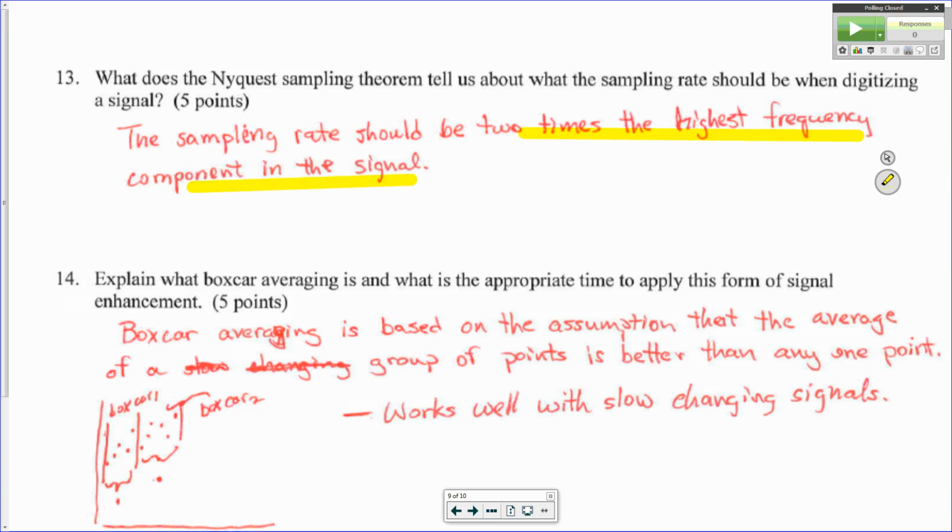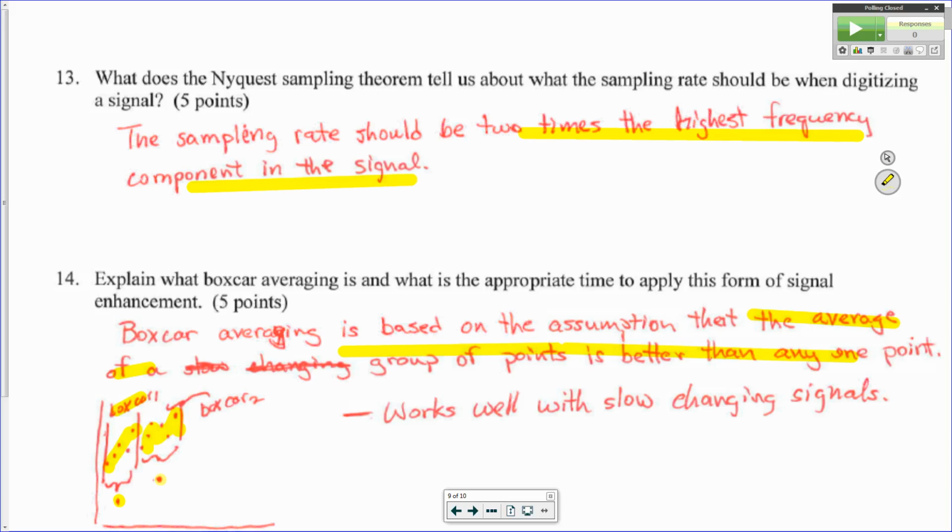All right, what is boxcar averaging, and when is the appropriate time to apply it? Boxcar takes a number of points and averages them together, with the assumption that the average of a group of points is better than any one data point. You take a number of points, average them together, get a representative point, then another number of points, average them together, get another representative point.